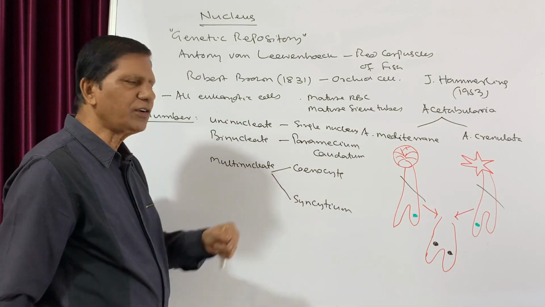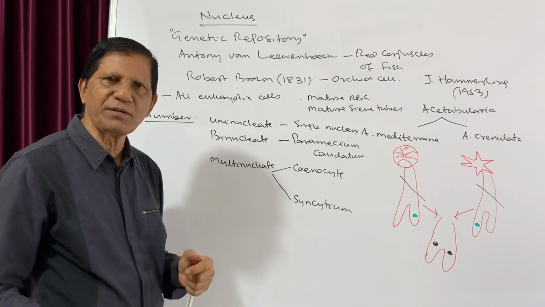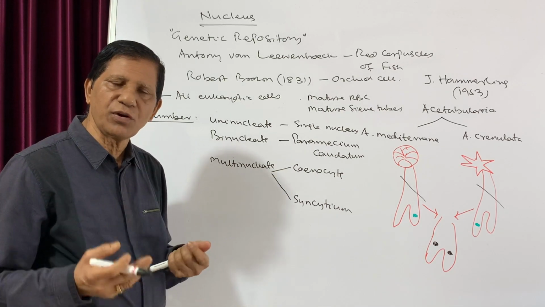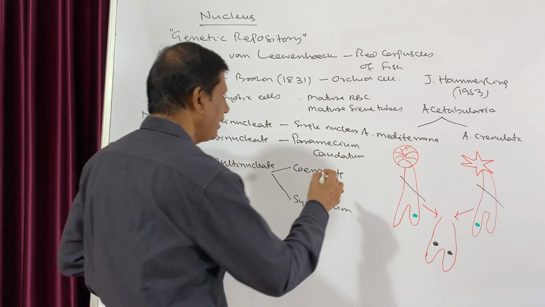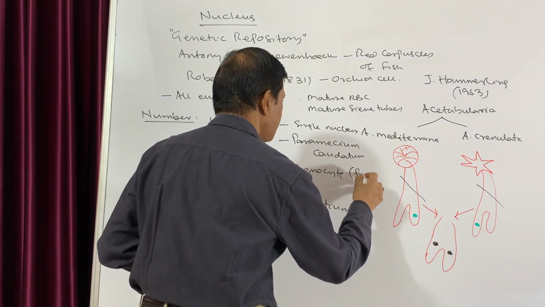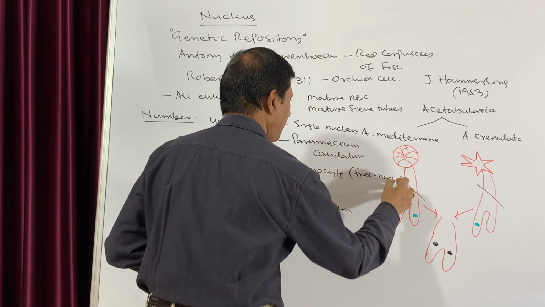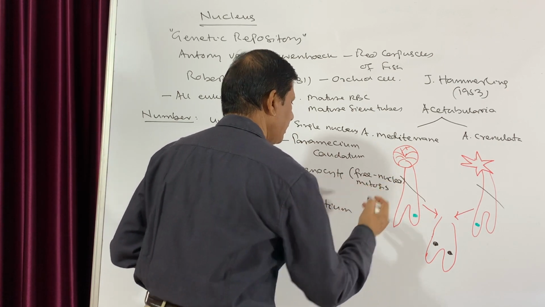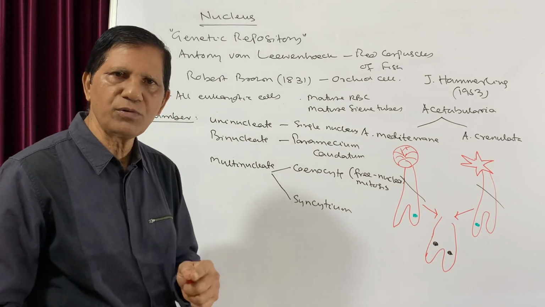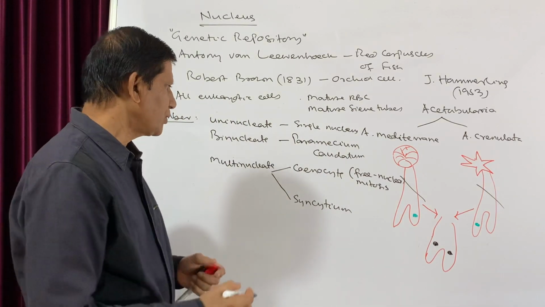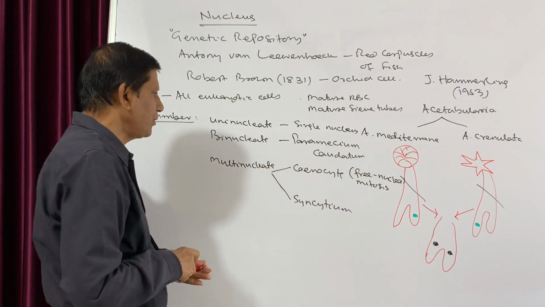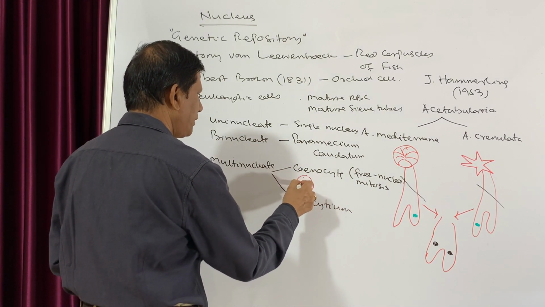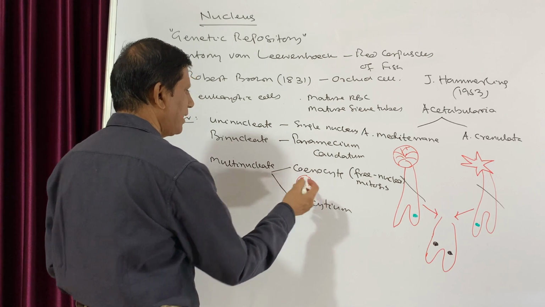Usually the term Coenocyte is applied in the case of plants. We call it a Coenocyte when there is free nuclear mitosis. That means the nucleus divides without cytokinesis. So in that case, one multinucleate condition is formed. That means there is mitosis, but there is no cytokinesis.